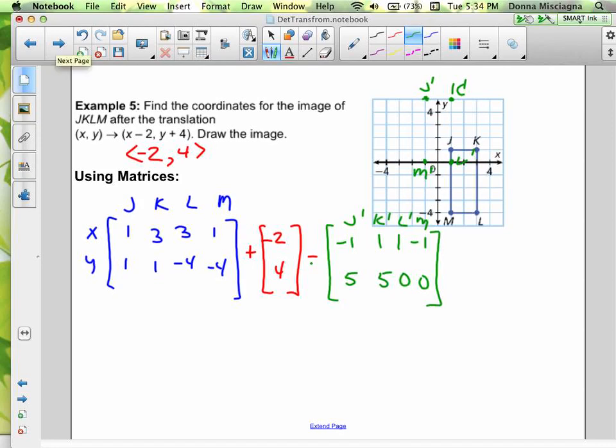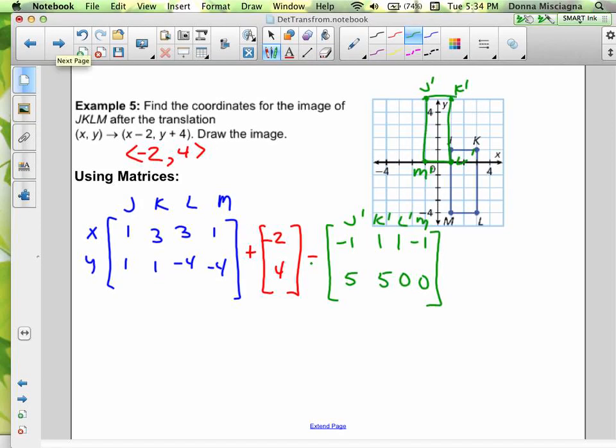My K looks really weird. Looks like 1D. There we go. And that was K prime. All right, and so now we'll just connect our points. And then we have our image. There it is.